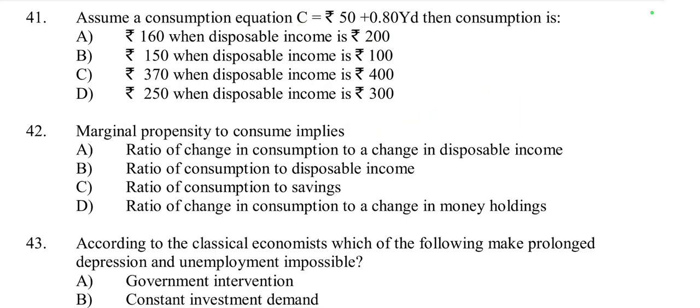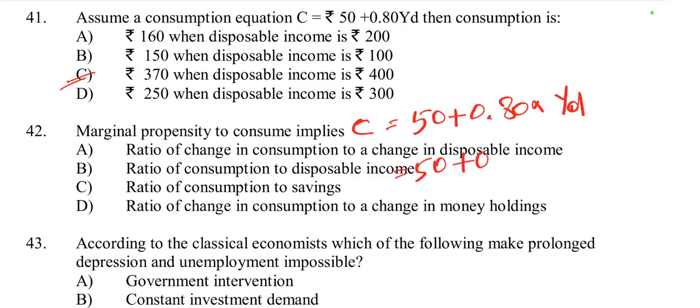So the right option is option number C. When we put C is equal to 50 plus 0.80 into YD, with disposable income 400, its total result is 370.